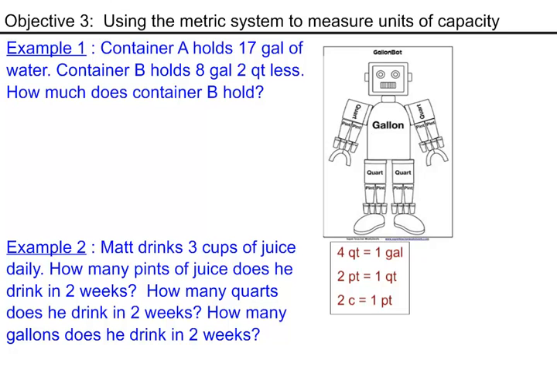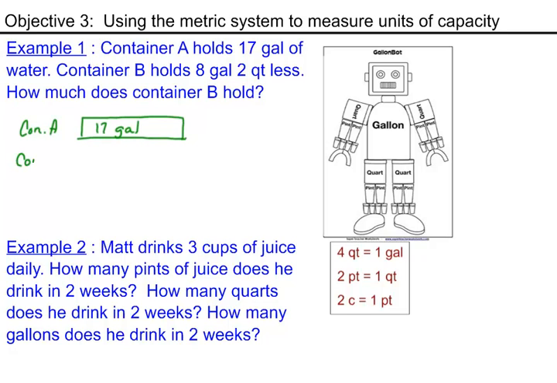So we're going to first do a teacher solution problem, and then we're going to do a conversion problem. So example 1 is a teacher solution problem. Container A holds 17 gallons of water. Container B holds 8 gallons, 2 quarts less. How much does container B hold? So we have container A, and they told us that that holds 17 gallons.